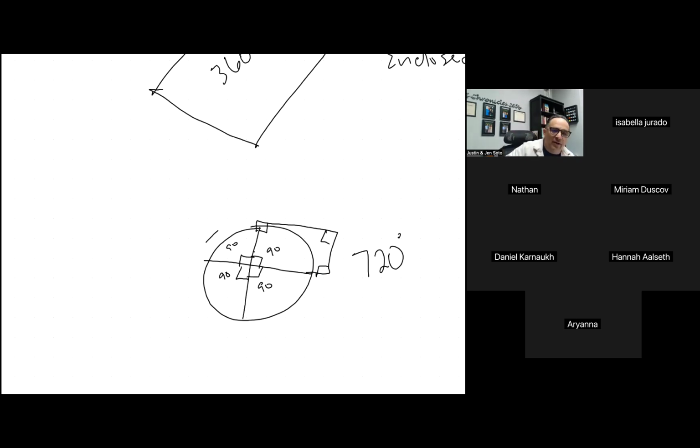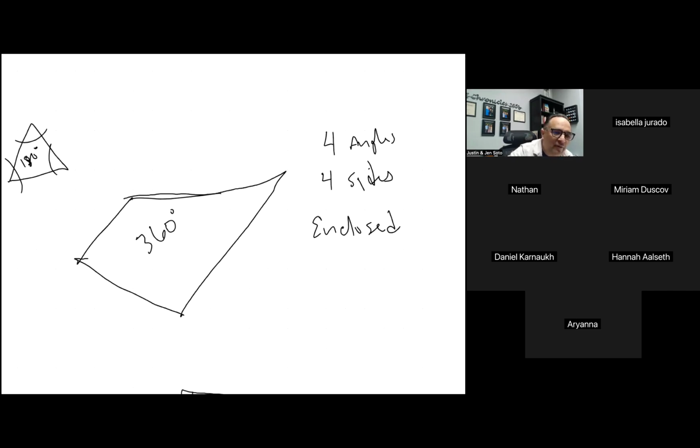Okay, here we go. Let's go back to our shape up here. Let me clear this all off. Let me start over because I have too much mumbo jumbo here. This is just a random quadrilateral.